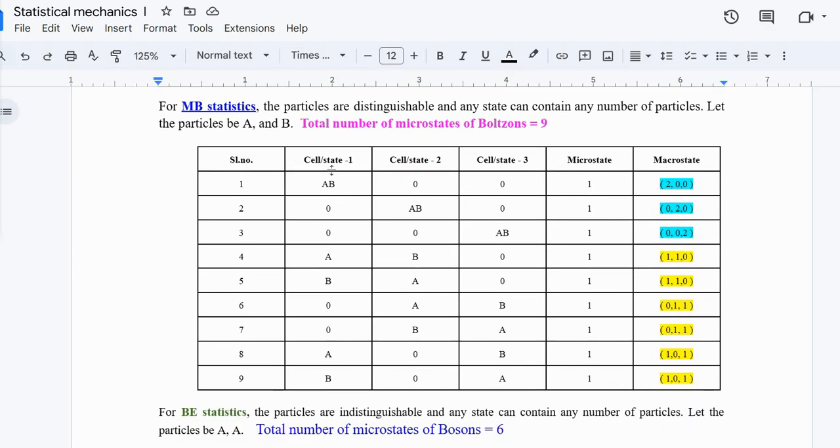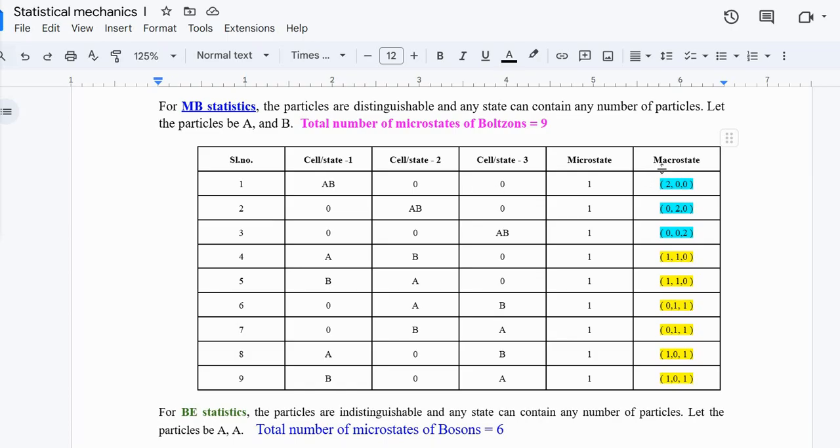Now see, you have cell or state 1, 2 and 3, and we have 2 particles. As we know, the Boltzons are classical particles. They are distinguishable particles, so we can take 2 symbols for this. One is taken as A, another is taken as B. So how can we arrange this? Here we can take 2 particles in one cell and the others may be vacant.